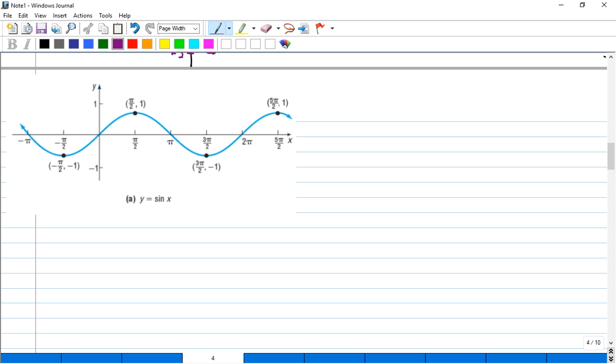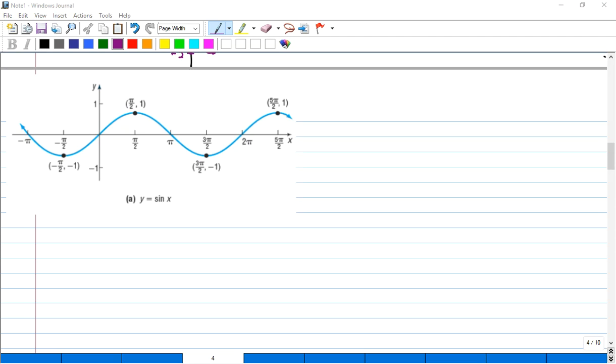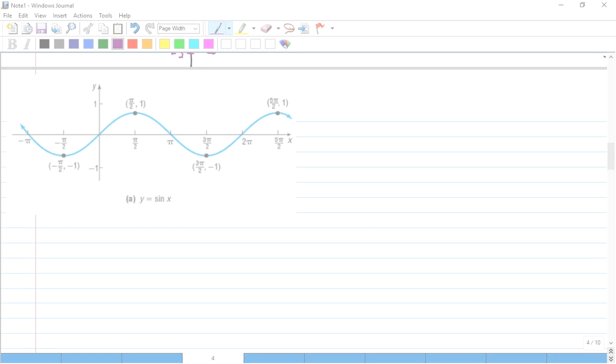And here is the graph of y equals 3 sine of x. Well, no, that's not what I wanted. 3 sine of x would just be taller. Here is the graph of... That wasn't what I wanted. That'll be okay. Here's the graph of y equals negative sine of x.